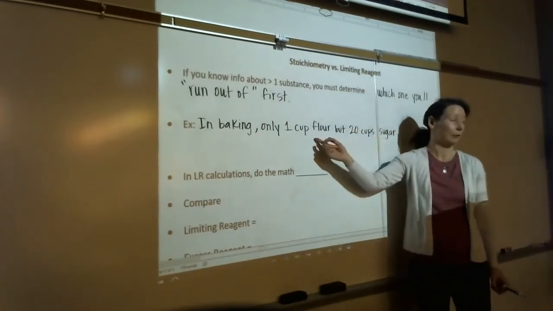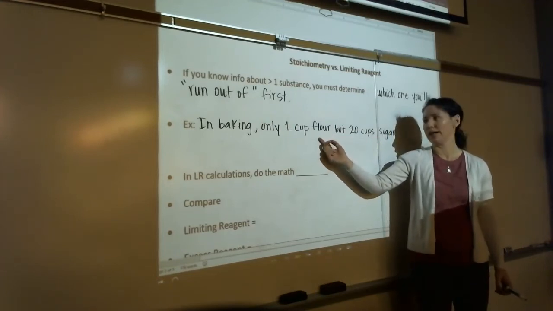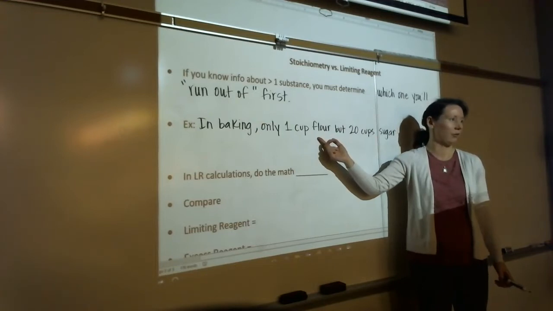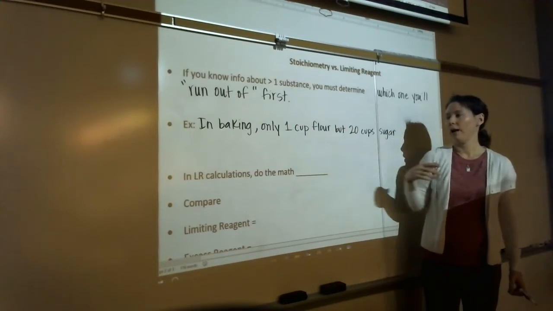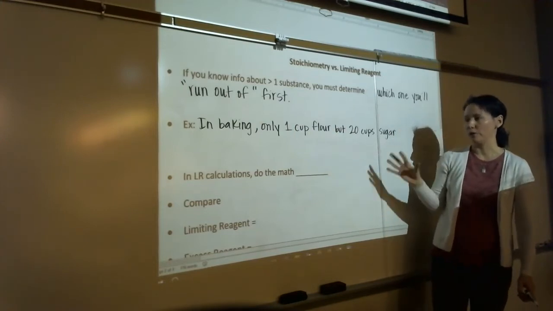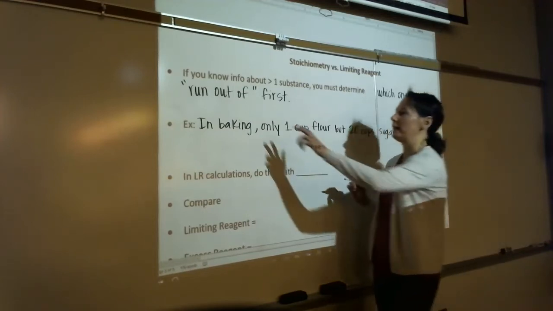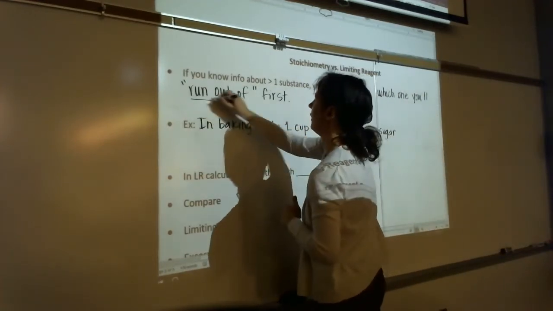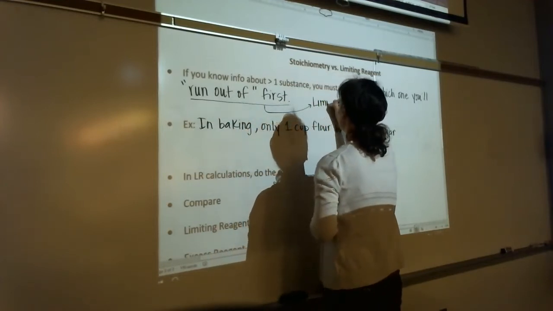If I've only got 1 cup of flour, I'm probably not baking very many cookies, right? This is the ingredient I'm going to run out of first. And if I'm out of flour, I'm not making any more cookies, right? So you have to figure out which ingredient you're going to run out of first. The ingredient that you run out of first is called the limiting reagent.